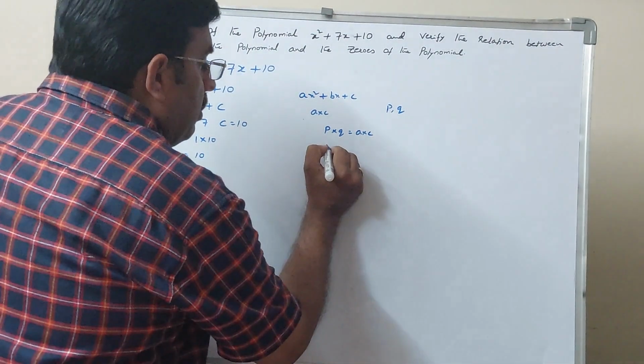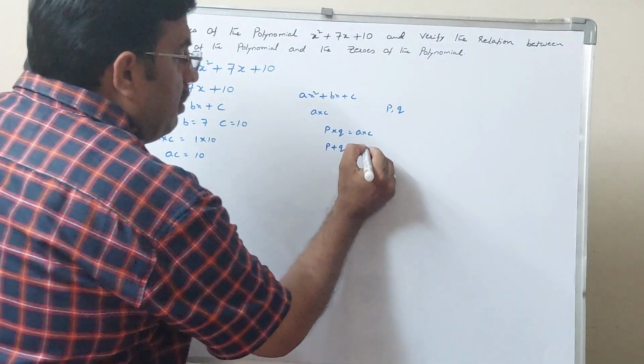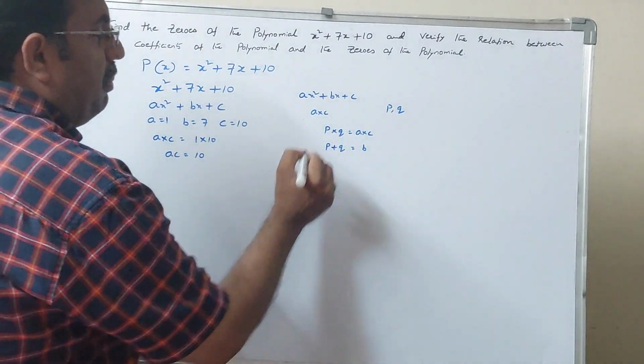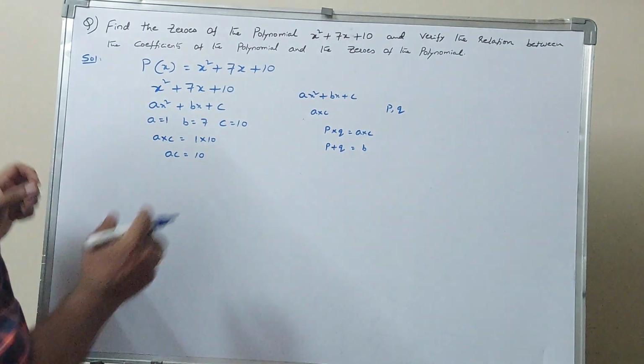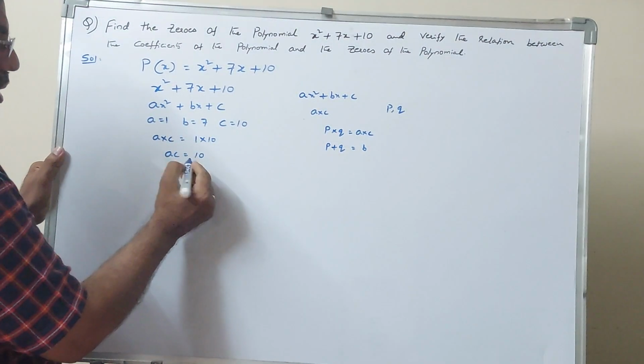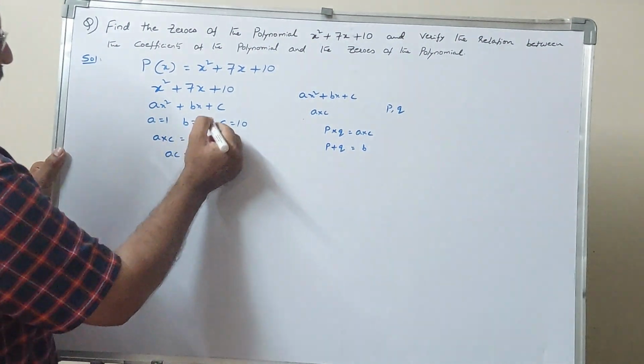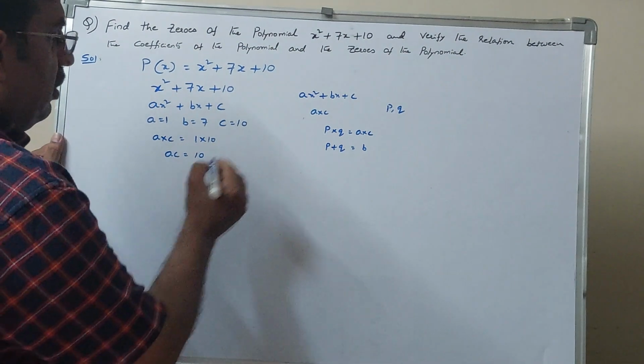If you add p plus q, you must get b. Then you will tell p and q are the factors. Okay na? Same way, if you take two numbers, multiply you should get 10 and if you add you should get 7. This is the way you get the factors.